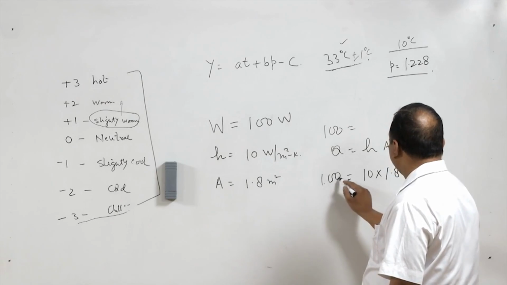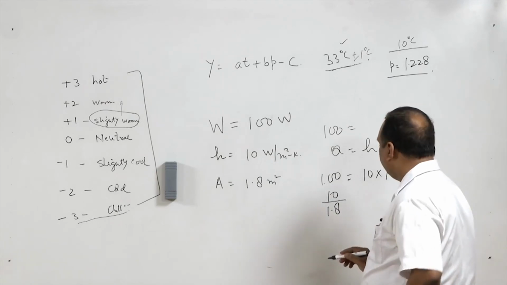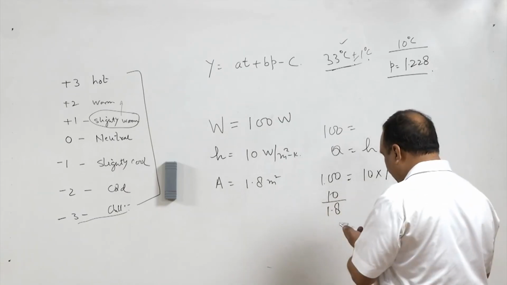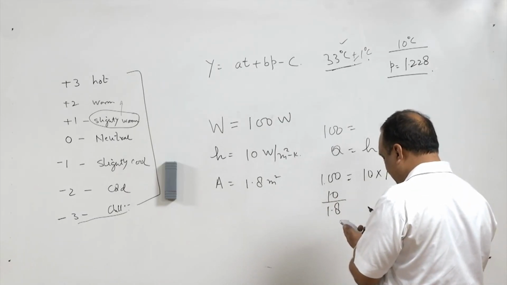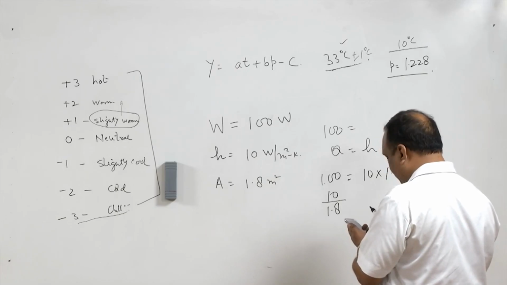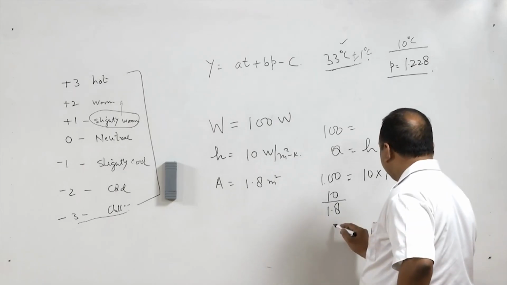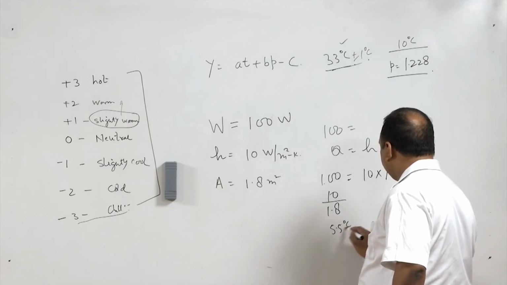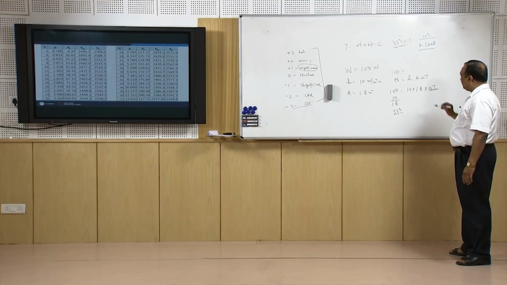And if this 100 is divided by 18, that is going to be approximately 5.5. These are all approximate values. So delta T is 5.5.